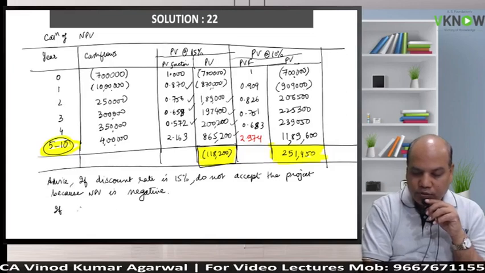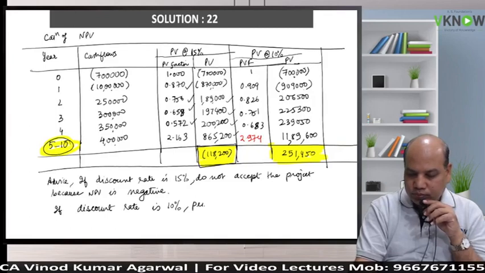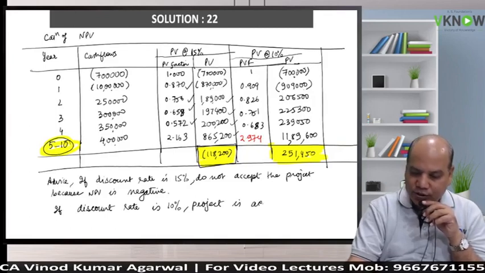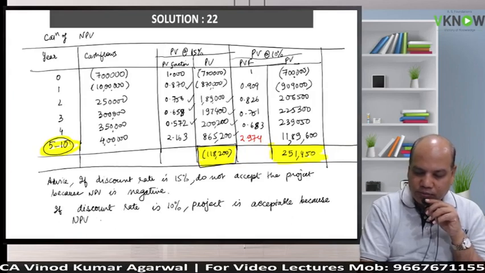If discount rate is 10%, project is acceptable. Project is acceptable because NPV is positive.